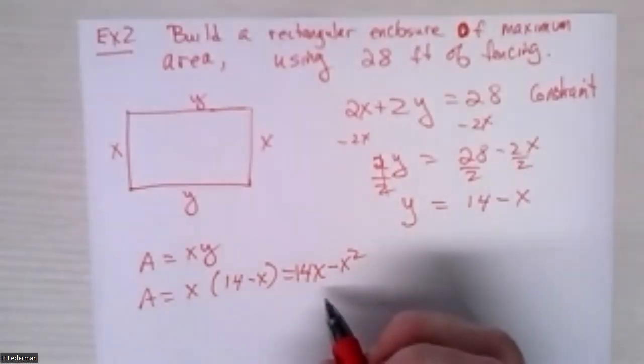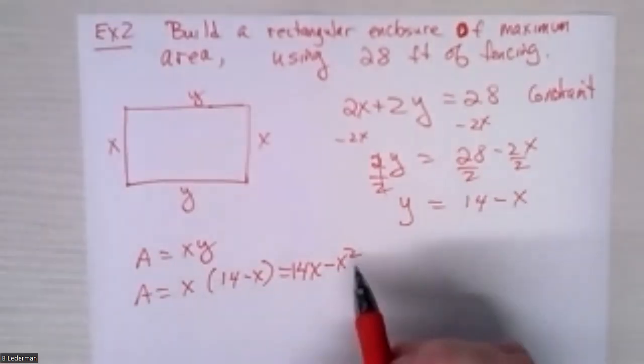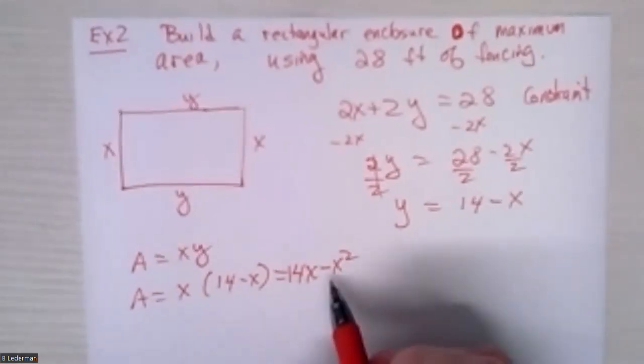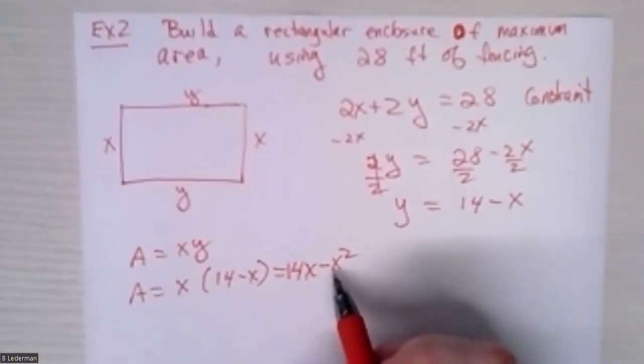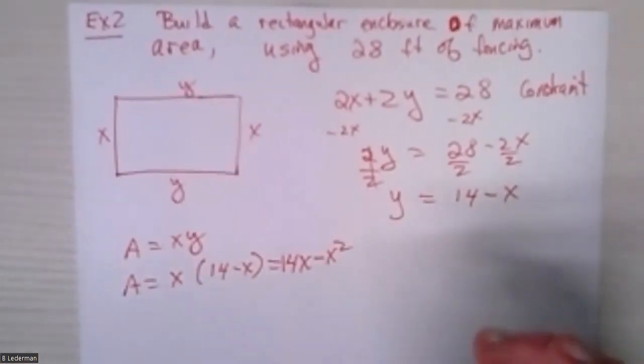Now I want to make a note that the area is an upside down parabola. So right away, I know that when I'm going to try to find the vertex, the maximum, it's going to be a max because this is an upside down parabola, so it's going to be the highest point on the parabola. But let's just solve it.